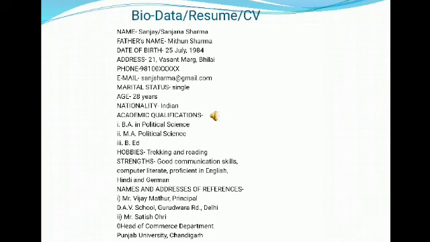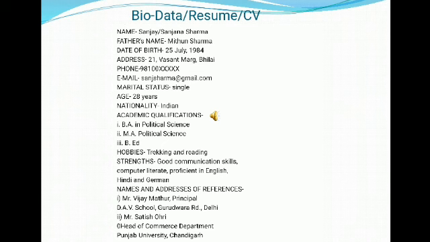The name and address of references: here at least two names should be mentioned. That's the name and address of references. Mr. Vijay Mathur, principal, DAV School, Gurudwara Road, Delhi. These are respected, revered people with whom the applicant has acquaintance.